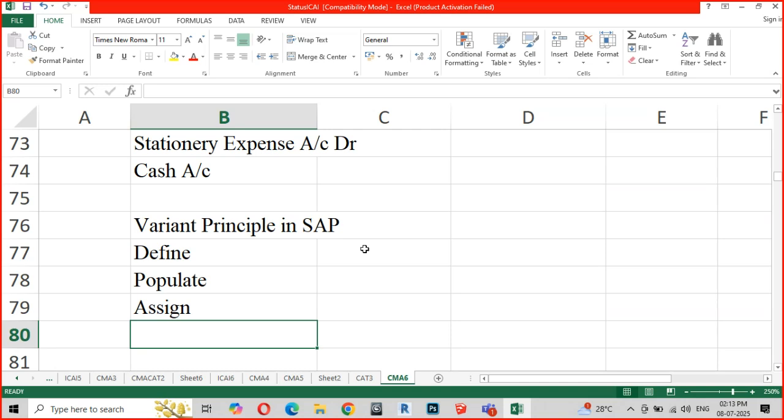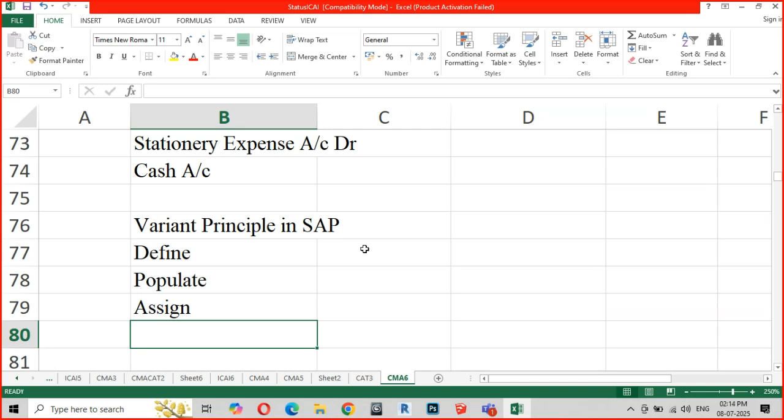Because if I'm working on three different projects, say for example Hindustan Unilever, Reliance, Tata's, do I have only the same general ledger accounts for all the businesses?